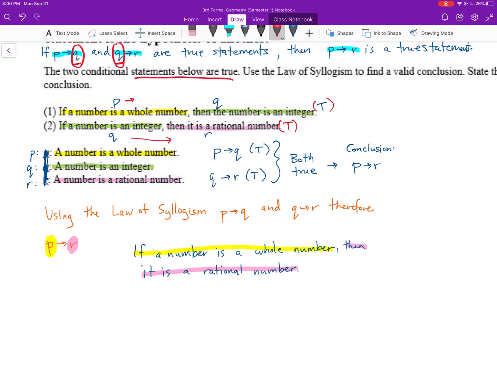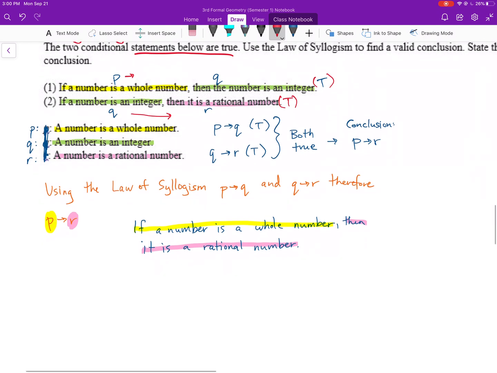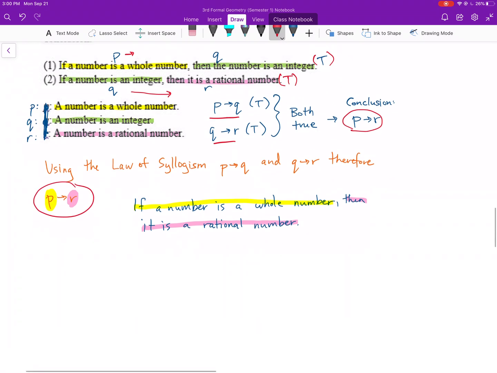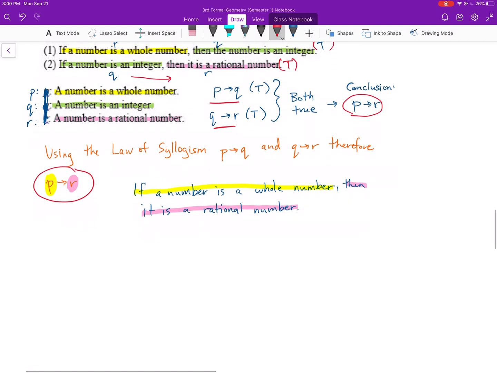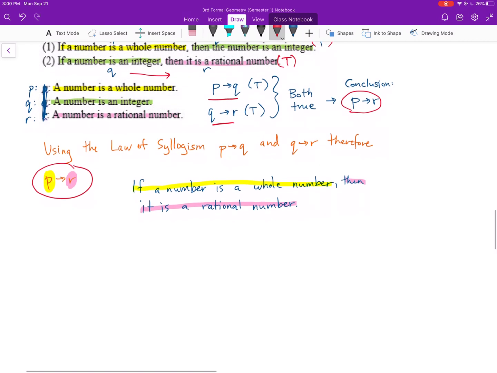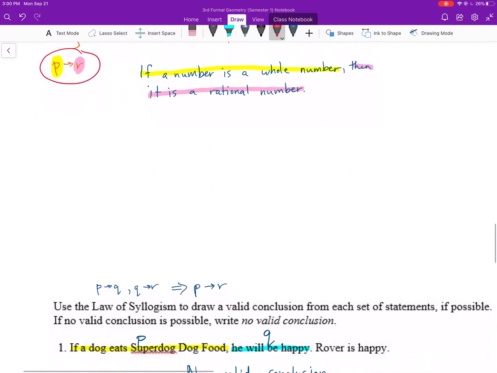It told me it was true. So it's saying use the law of syllogism. I want to go if P then Q, Q then R, then I could say P then R. So based off of my highlighting, I'm going to do yellow to pink. So I'm going to say if a number is a whole number, then it is a rational number. Using my law of syllogism. So like my green is like the link between the two.